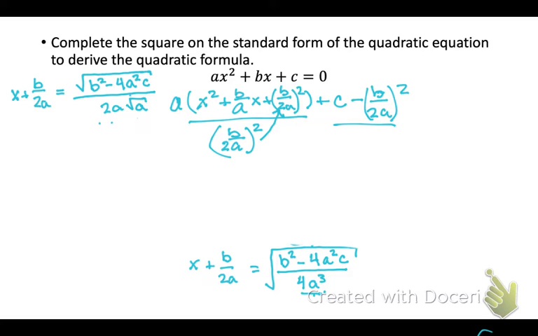Okay, now I'm still solving for x. So don't I have to subtract this over here? So I have x equals negative b.